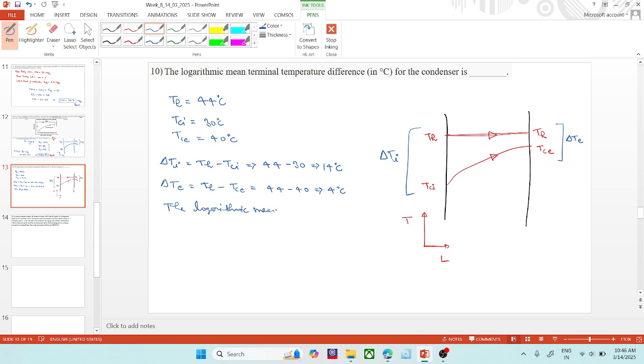LMTD can be defined as delta Ti minus delta Te, divided by ln of delta Ti divided by delta Te. So putting the values in equation one.